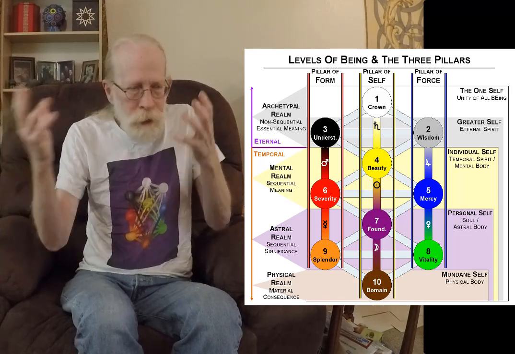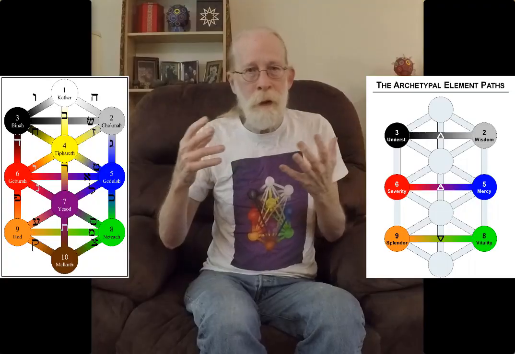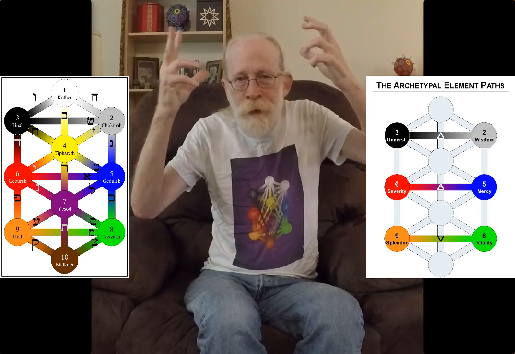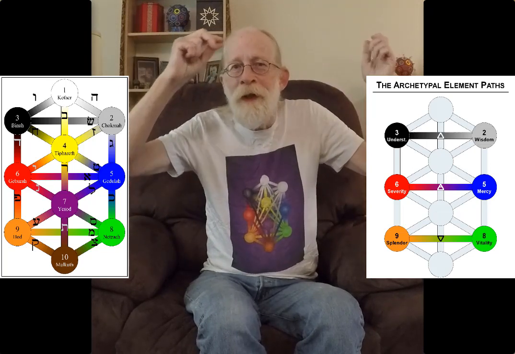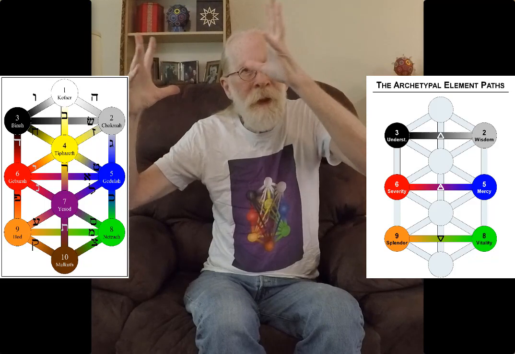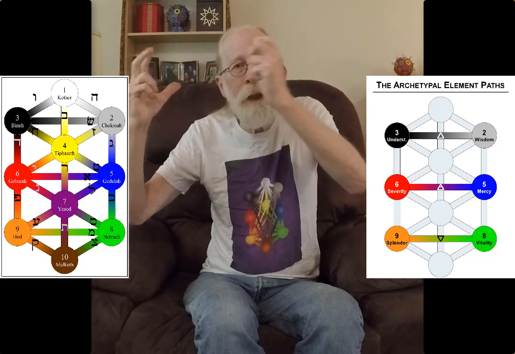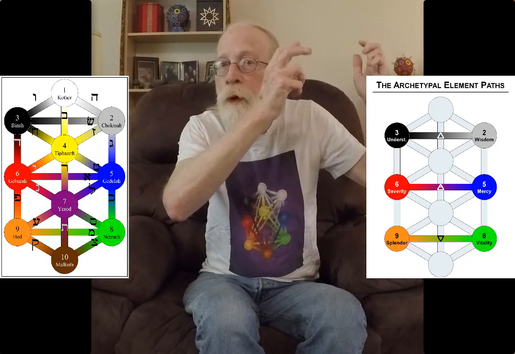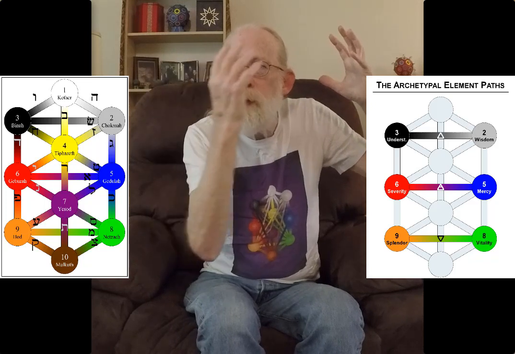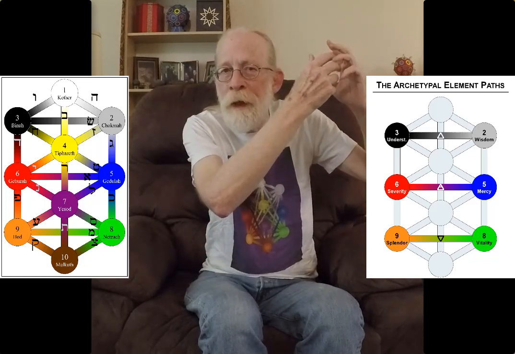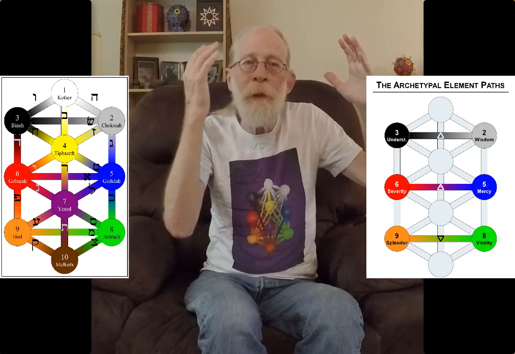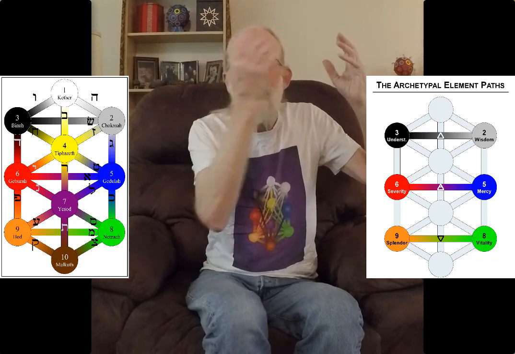Okay? So it's a very dynamic thing. You know, that first movement with the Shin, that movement from essential meaning to essential form. It's the movement of essential meaning. That is the movement of the Ketheric awareness.